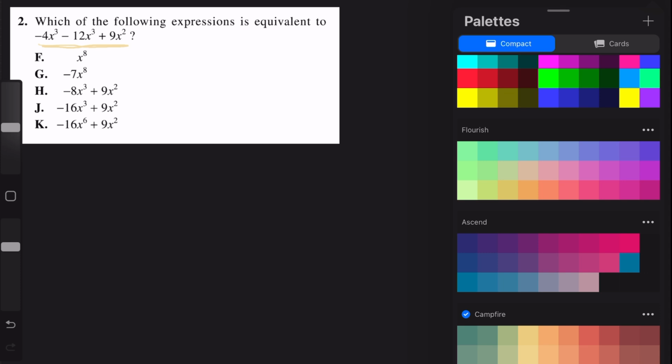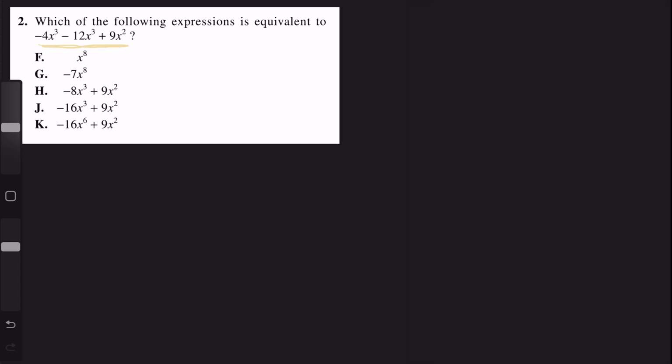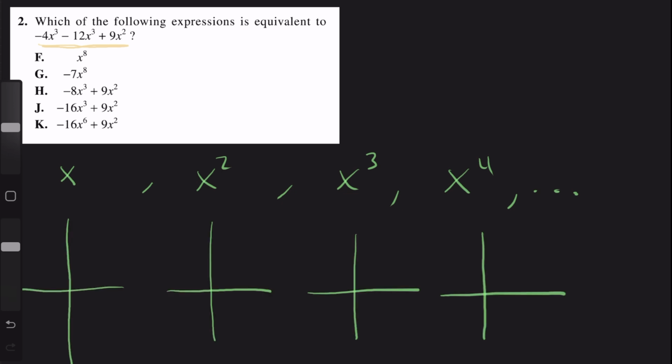So it's important to realize something about each different power of x. We need to understand that each different power of x, if we were to plot this, we would see that, for example, when we only plot x like this, we get a line.